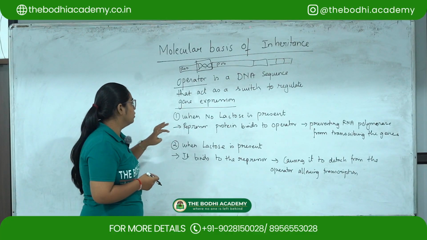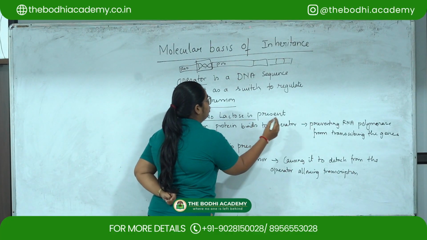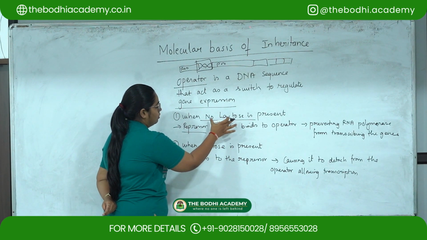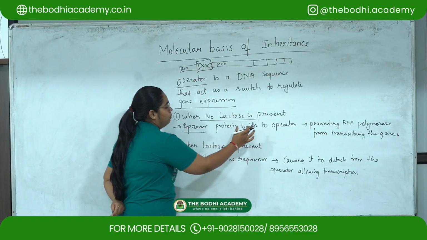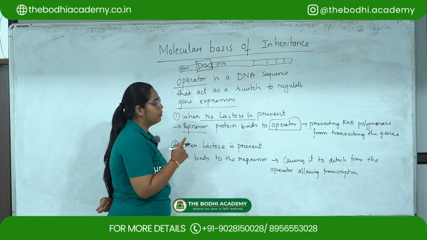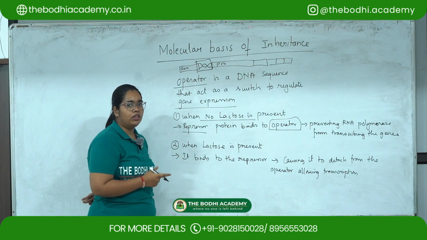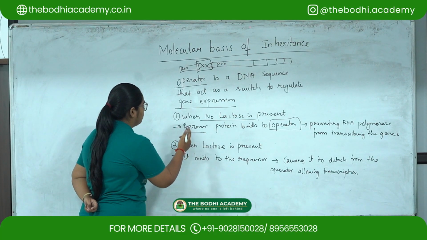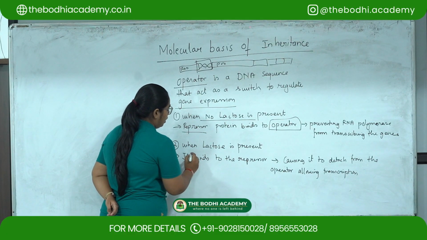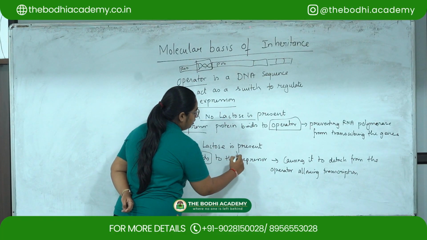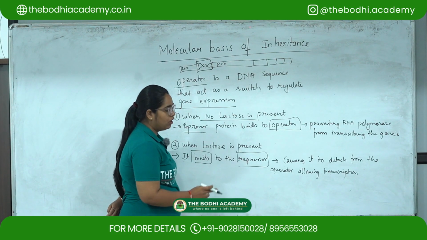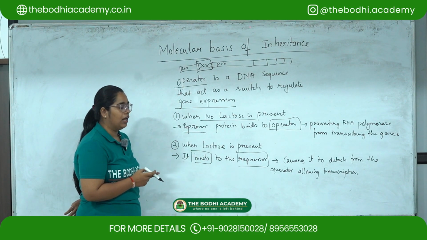So how does that happen? When there is no lactose present, the repressor protein binds to the operator. So when lactose is absent, the repressor protein binds to the operator region, preventing RNA polymerase from transcribing the gene. So there will be no transcription happening in that process. When lactose is present, lactose binds to the repressor, causing it to detach from the operator, allowing transcription.